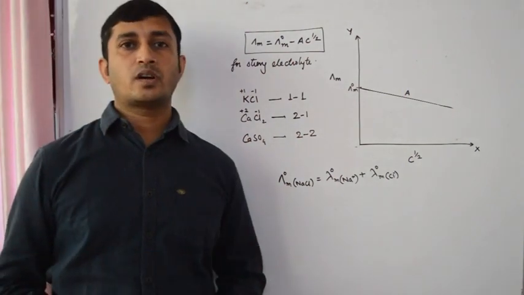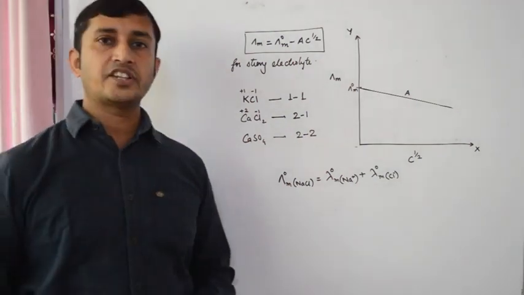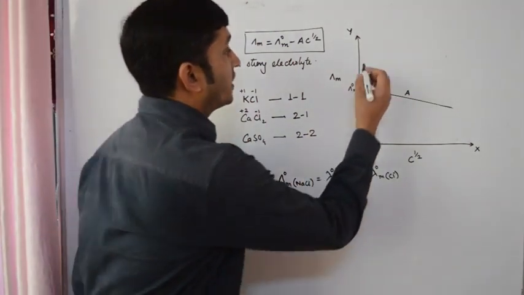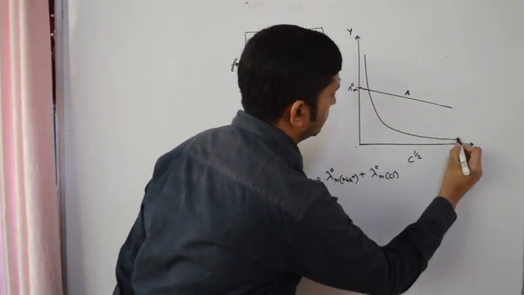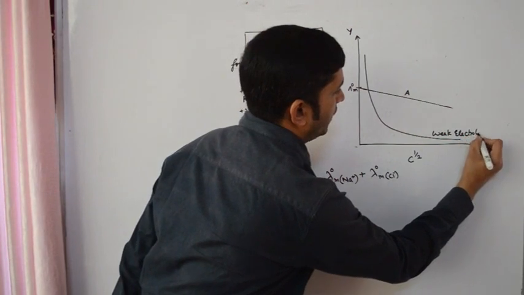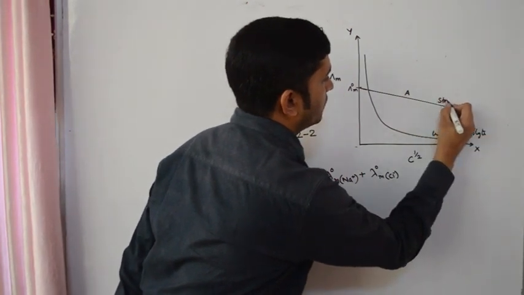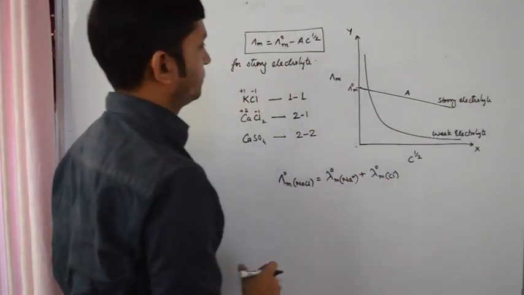Now when we talk about weak electrolyte, the degree of dissociation decreases with concentration. It is for weak electrolyte and this one was for strong electrolyte.